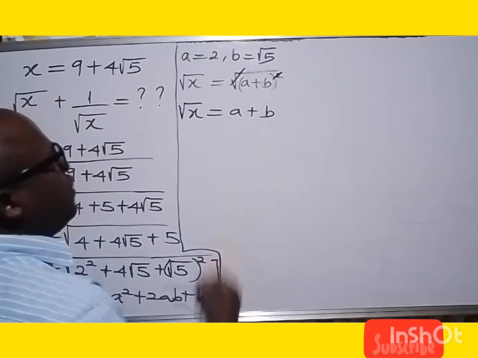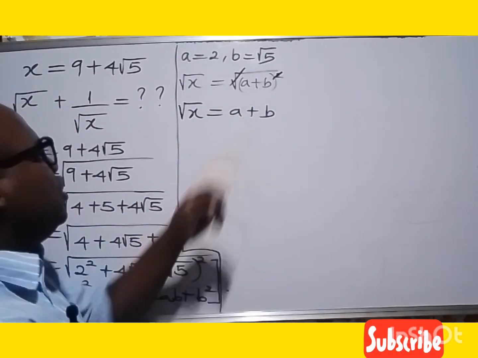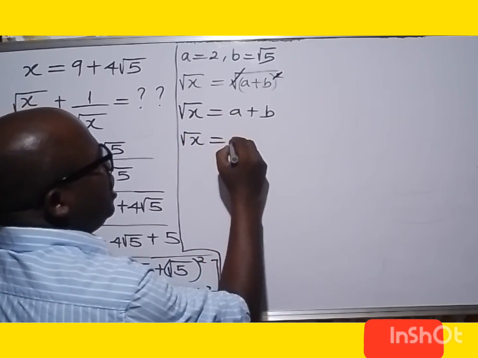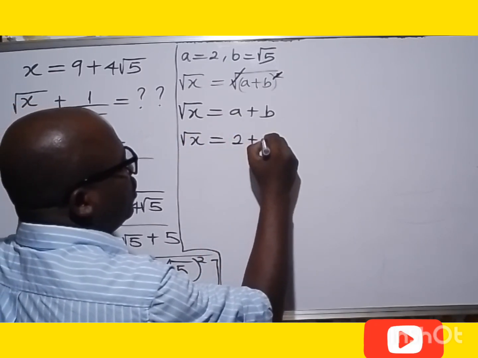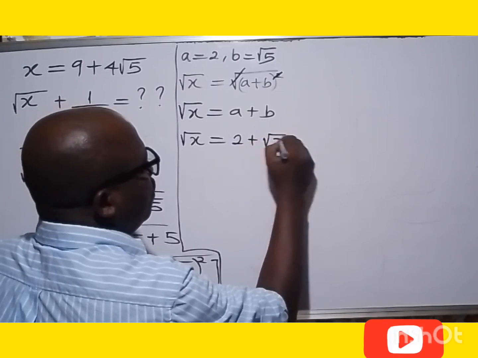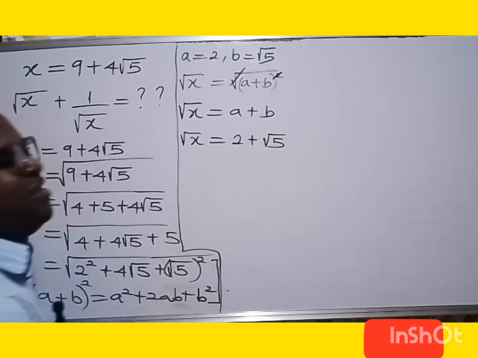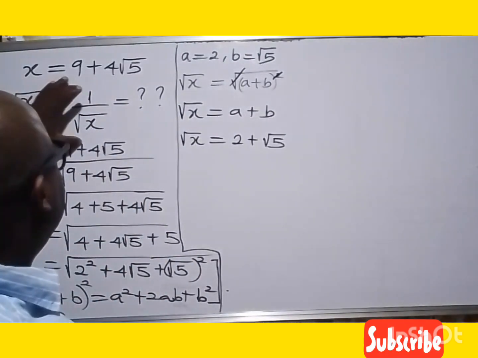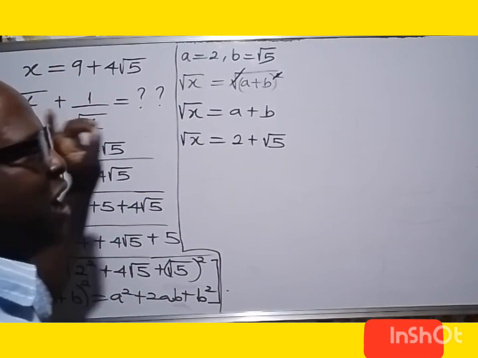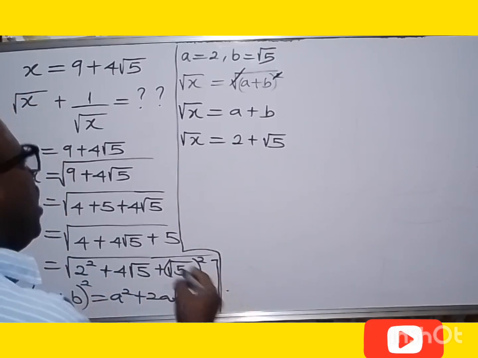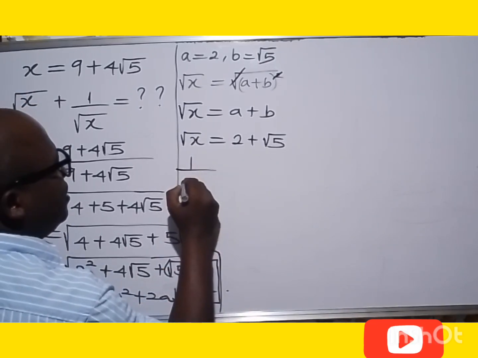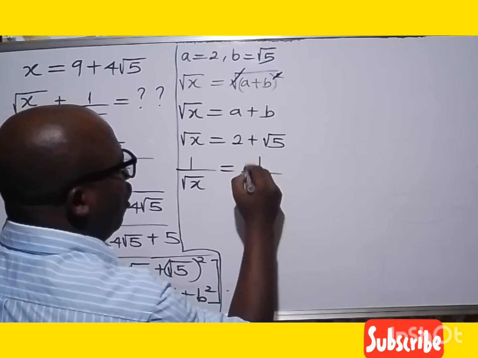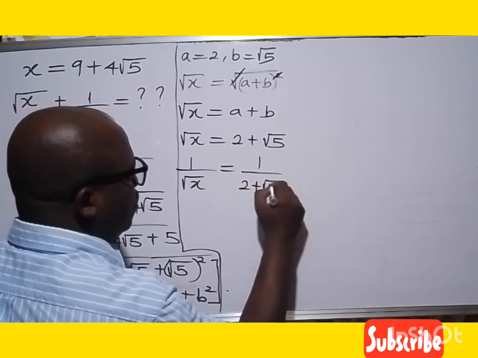Then substituting the values of a and b, we have our root x equal to 2 plus root 5. That is the value of root x. So we now need to get the value of 1 all over root x. 1 all over root x can now be written as 1 all over 2 plus root 5.